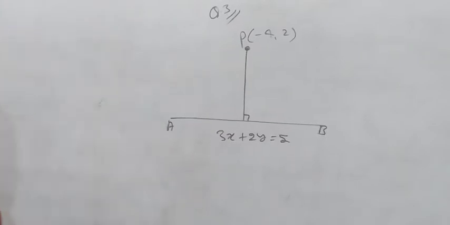Understood? What do we have to find? Calculate the coordinates of the foot of the perpendicular from the point (-4, 2) to the line 3x plus 2y is equal to 5. Understood?